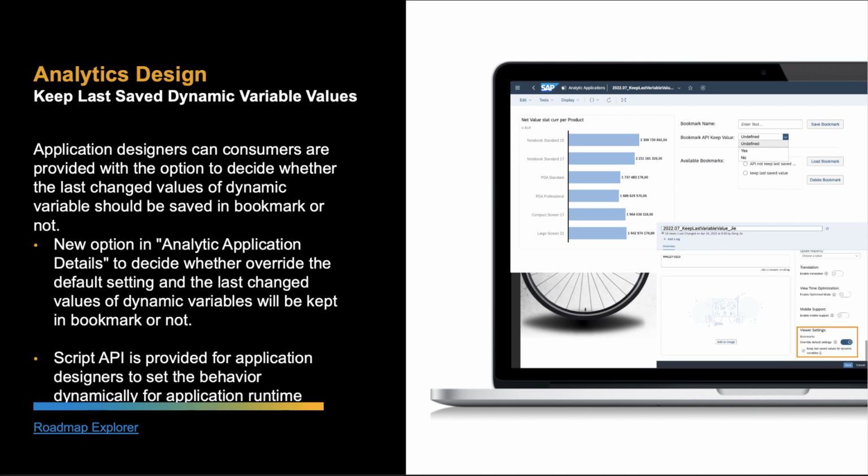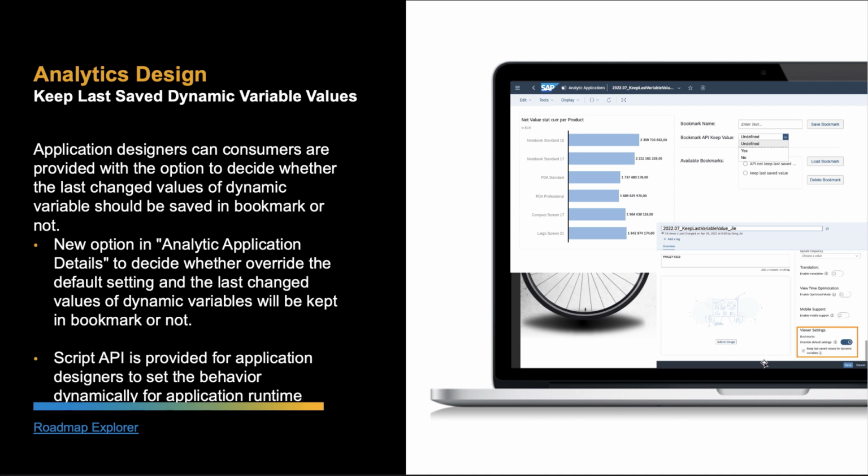To be able to do that, we provide a design time setting, meaning in the design time you can already configure whether you want to save the last selected values in your bookmarks for dynamic variables. So this part the application designer can already decide for these analytical applications.